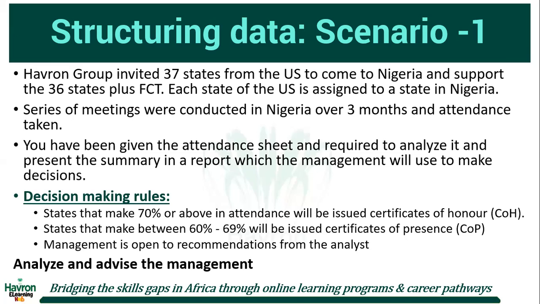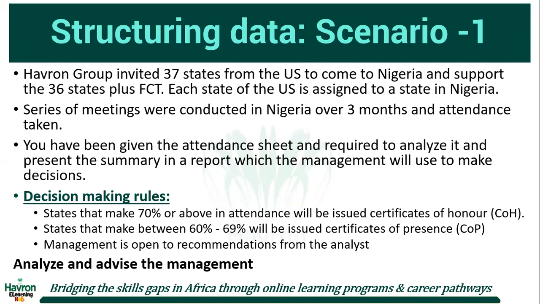Now, the decision rules are, they want to look at the states who attended. Those who make 70% attendance or above will be issued certificates of honor, which is COH. Then states that make between 60 to 69% will be issued certificates of presence.